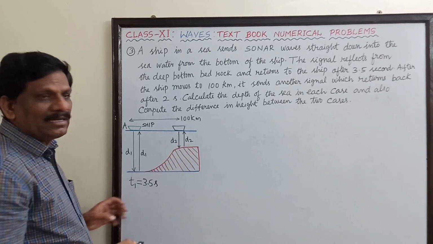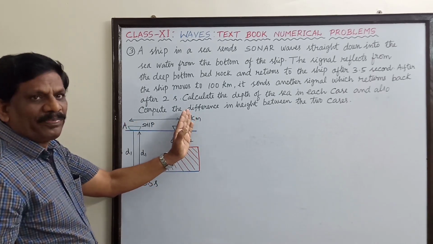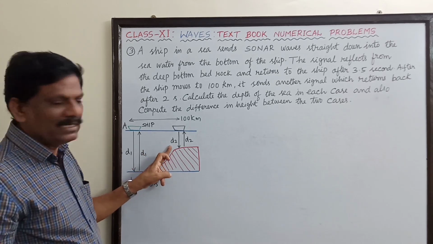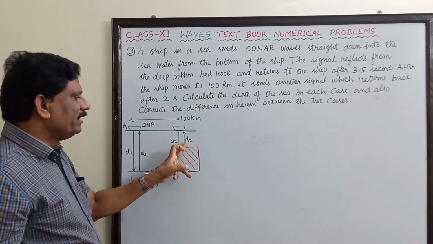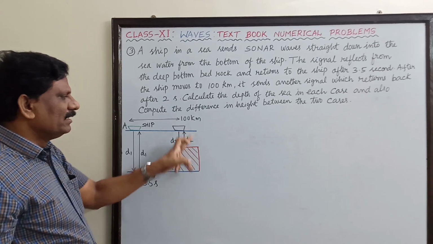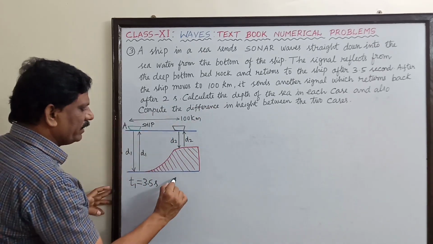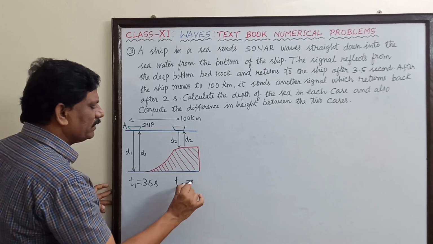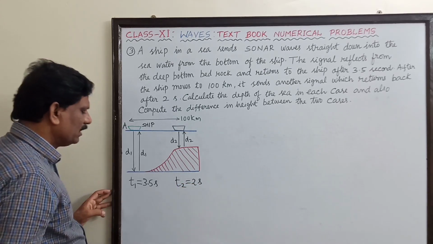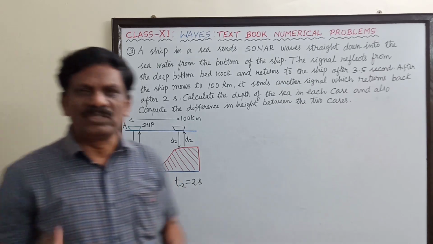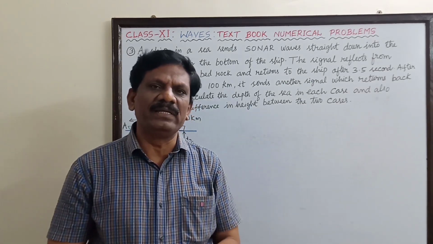In the second case, after traveling 100 kilometers, the distance it travels in one direction is D2, that is the depth at this rock, and it retraces the same distance D2 in a time equal to 2 seconds. So here the time taken T2 is equal to 2 seconds. And in both the cases the sonar is sending the same sound waves, is it not?